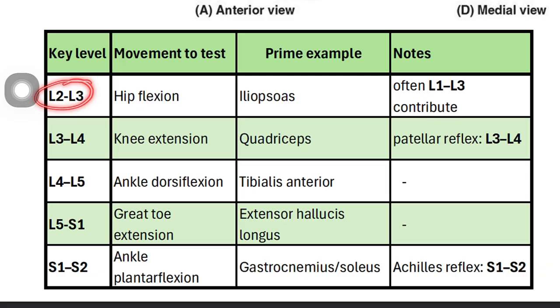So L2, L3, we are testing for hip flexion, and the prime example is the iliopsoas. It often covers L1 and L3 as well sometimes. You would know why, because the iliopsoas is actually two muscles, and they have a broad nerve input.